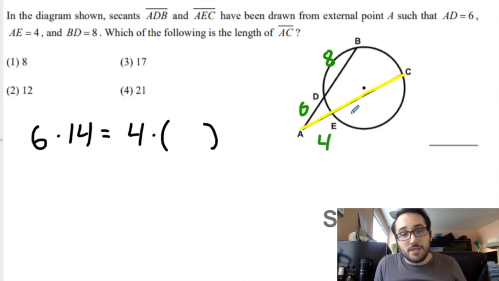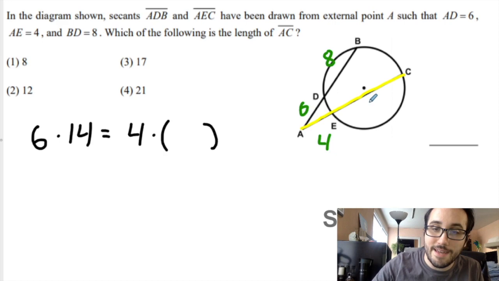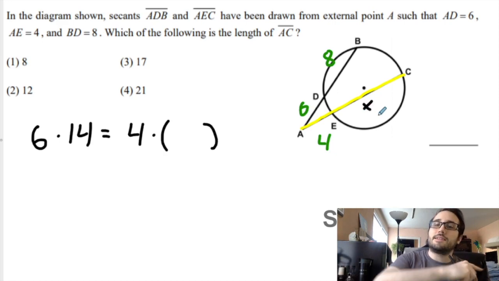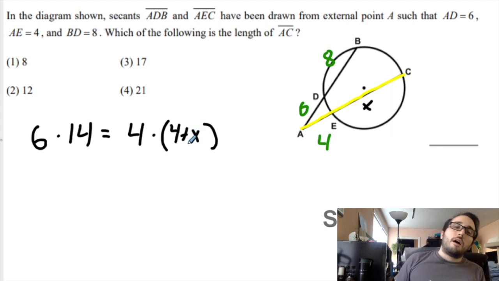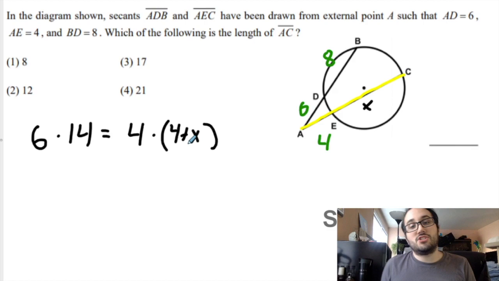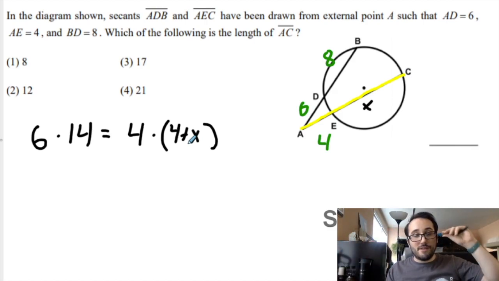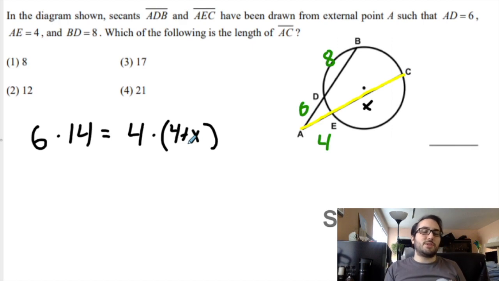The first way is exactly what I did in the mini lesson. We can call EC x, and we can say the entire length of AC is 4 plus x. Another way is to just call the length AC a variable and solve. You'll see that you get the same answer, but I'm going to stick to the way I showed you in the mini lesson.